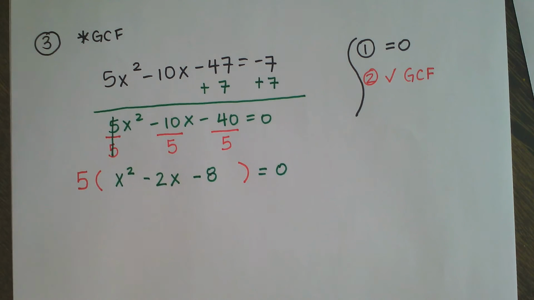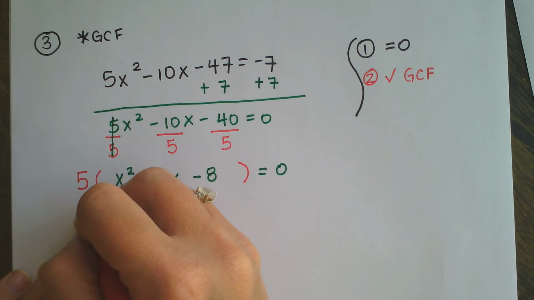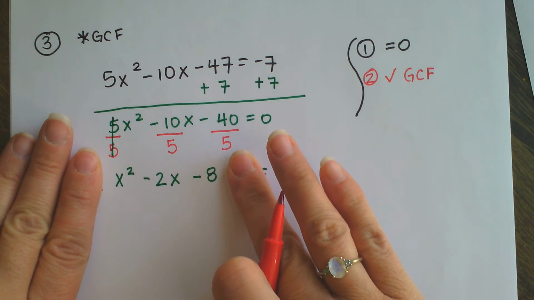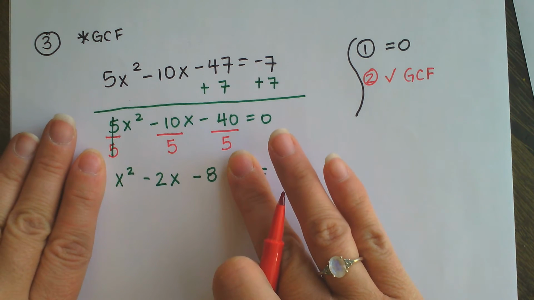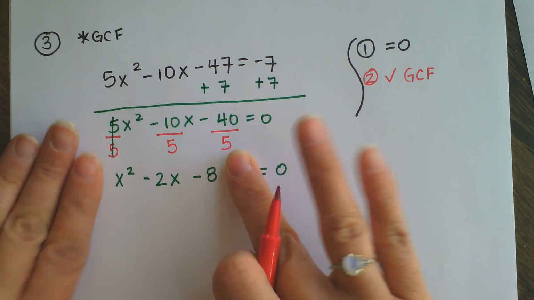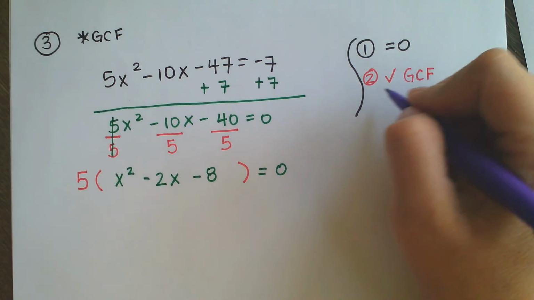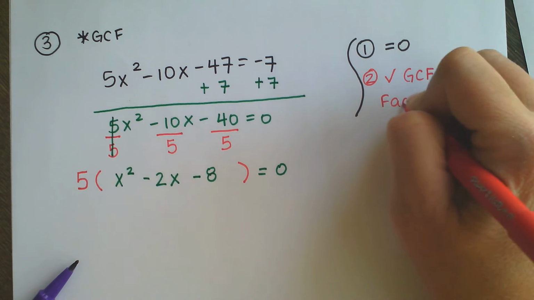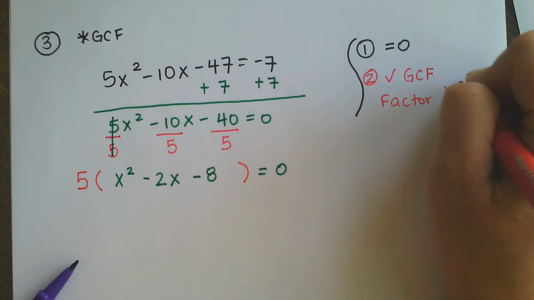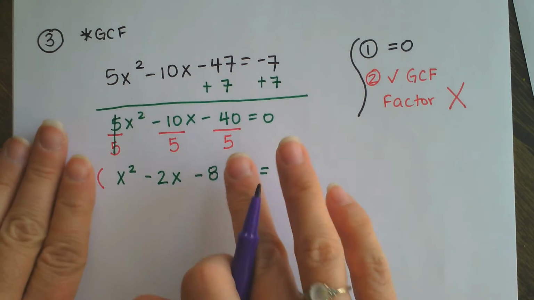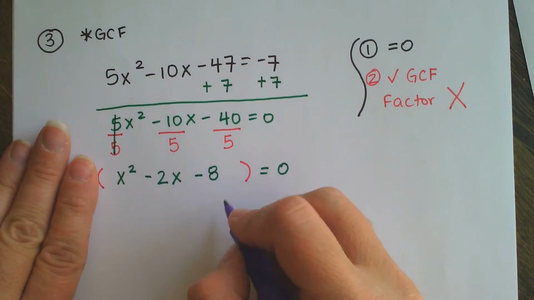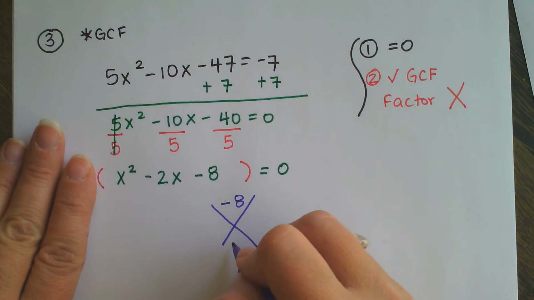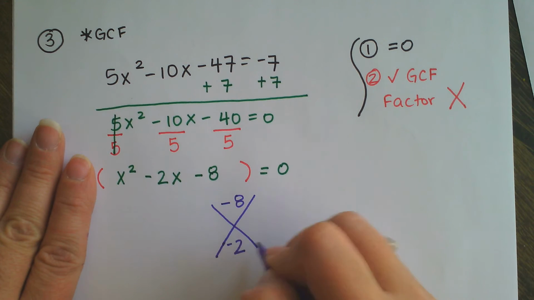So I'm just going to keep bringing down our greatest common factor, although in our next step, we're just going to factor this trinomial using the x method. So we checked for a GCF. Now we're going to factor that trinomial. So I'll find factors of negative 8 that add to negative 2.